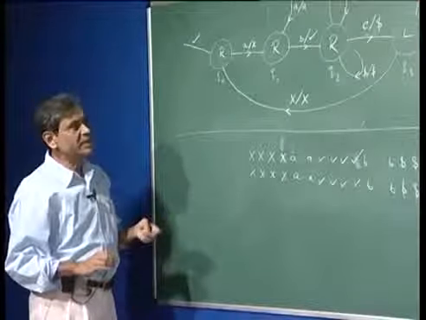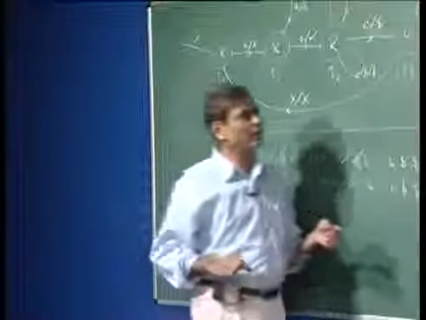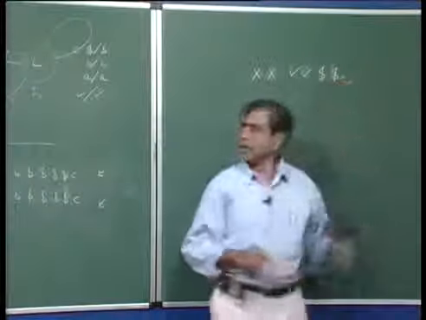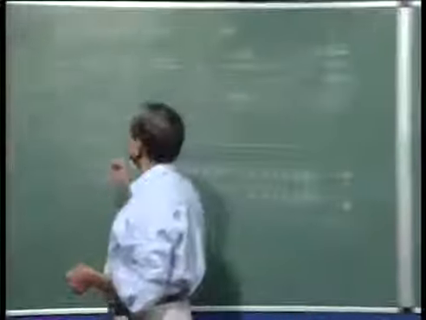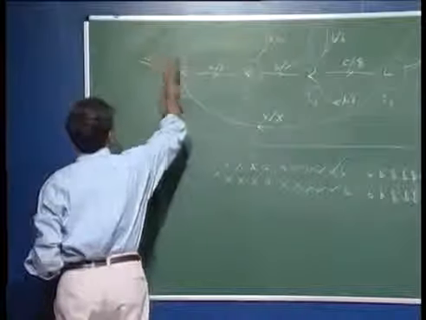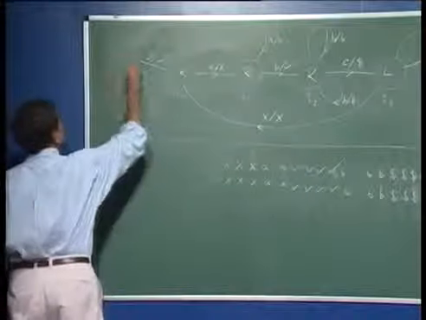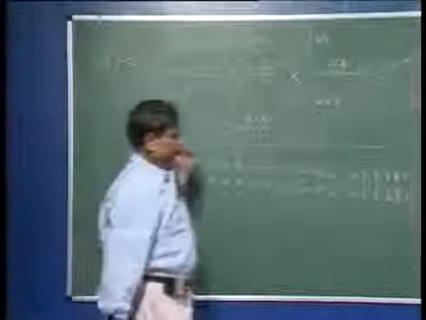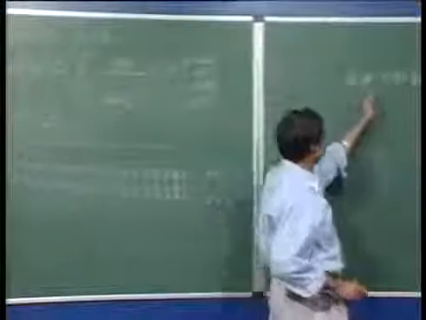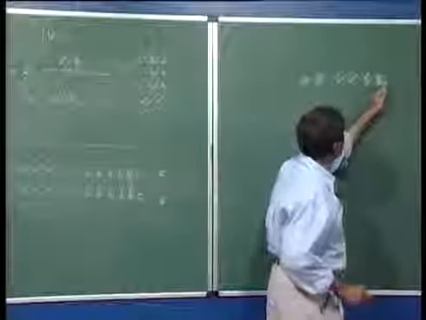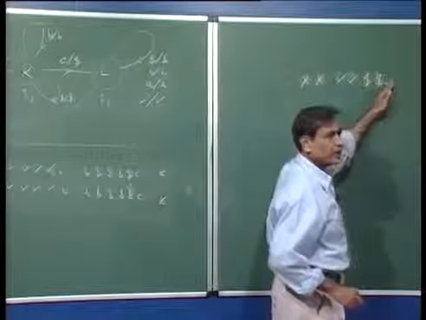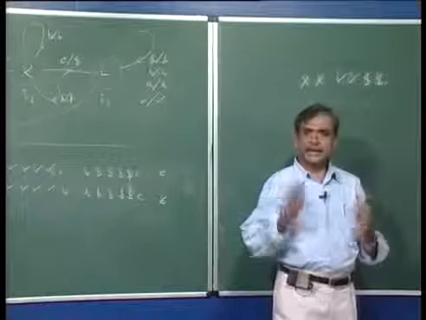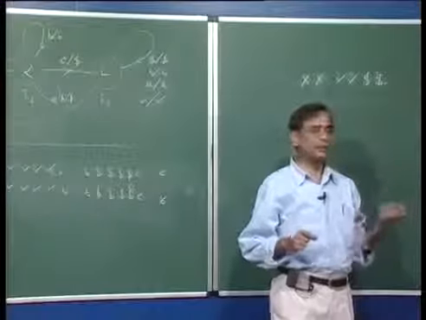Now, the question is, the input is of the correct form provided no B's or C's are left. So, how can we do that? We will move to the right, and as we move to the right, if we find any B or any C left, then of course we know that the number of A's was less than either the number of B's or the number of C's.